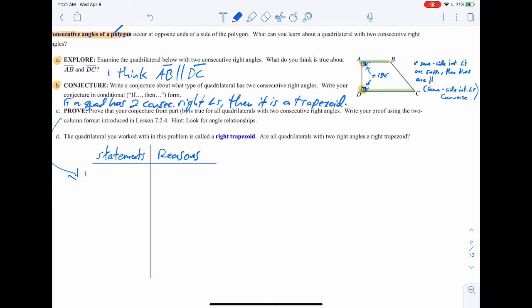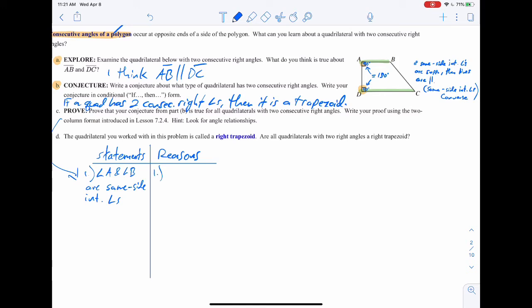Okay, so statement 1, we can say angle A and angle B are same side interior angles.